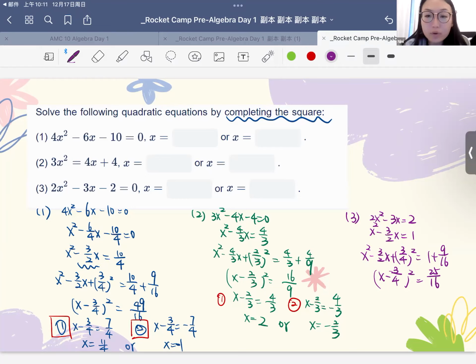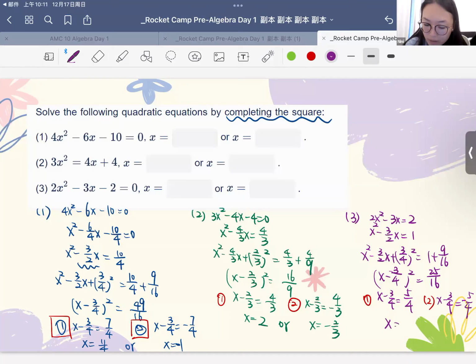So 25 over 16 here has two parts, okay? So x minus 3 over 4 can either be 5 over 4, or it can be the other condition, minus 5 over 4. So what is the result for the last question?